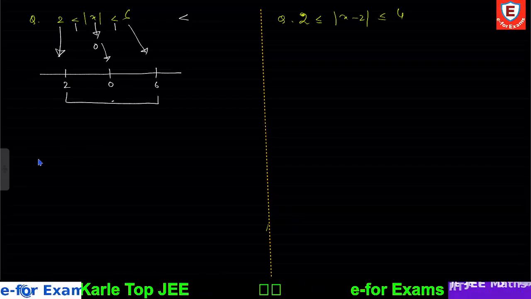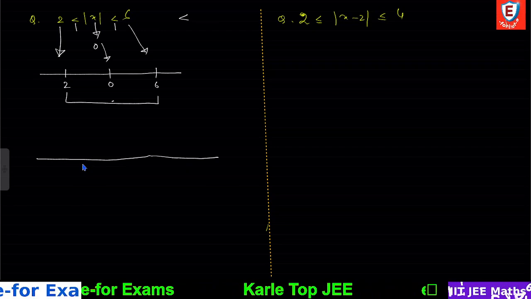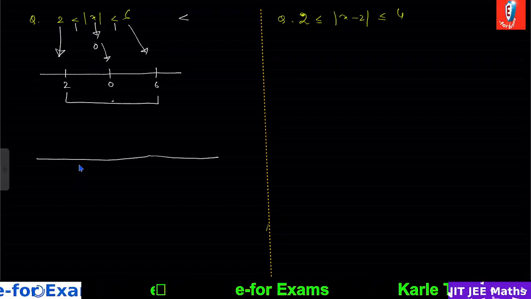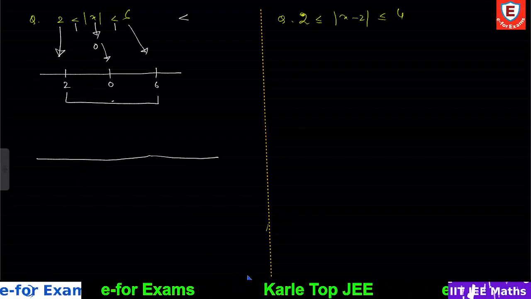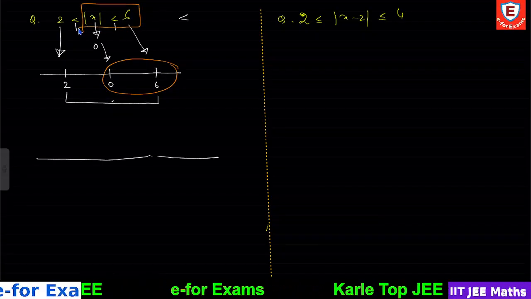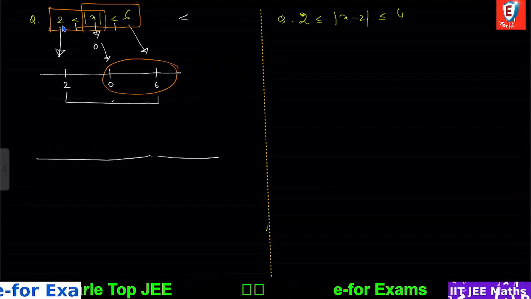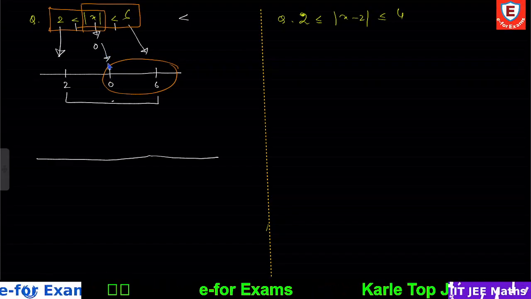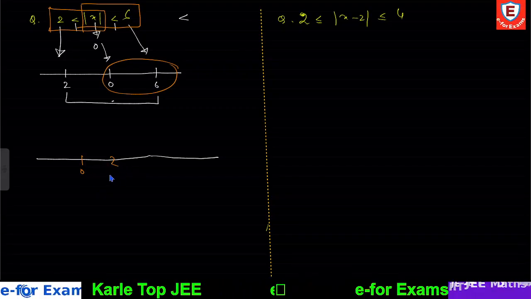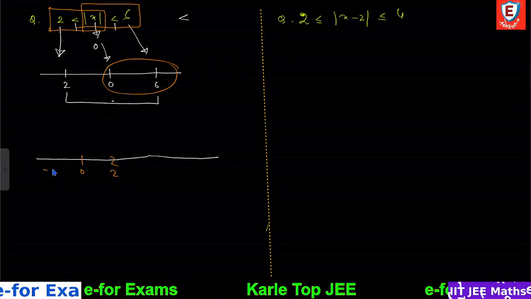Now plot on the number line, this is the usual method. How you are going to do is from this you will get one solution, and from this you will get another solution. Considering these two, what is the critical point? It's 0. 0 plus 2 means 2 here, and 0 minus 2 means minus 2.